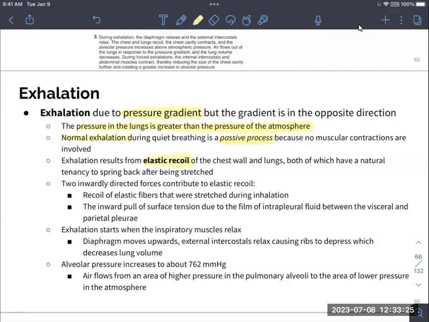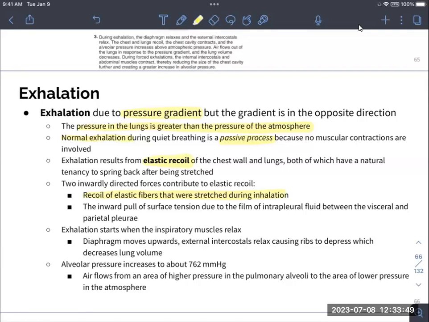Whenever we did elastic recoil, those elastic fibers that we stretched when we inhaled, because our lungs have these different elastic fibers in them. So when we inhale, we stretch those elastic fibers, they're going to recoil back down.